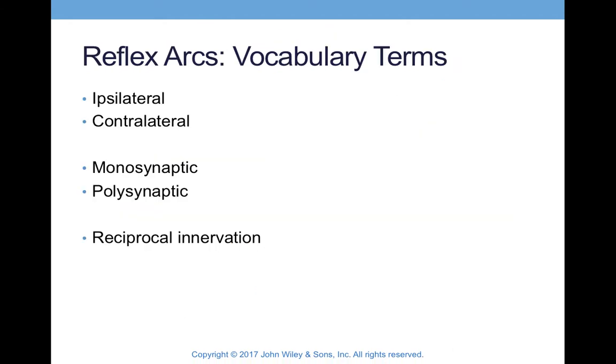So we have some common vocabulary terms here for our reflex arcs: ipsilateral and contralateral. So on what side of the synapse will we occur? So ipsilateral means that the sensory impulse will enter the spinal cord on the same side from which the motor neuron will leave.